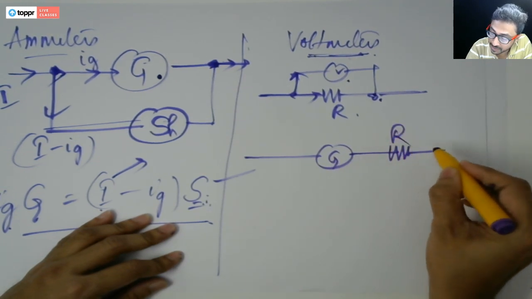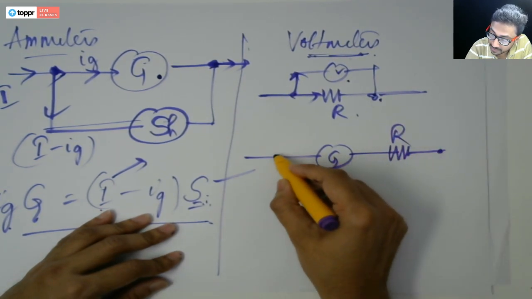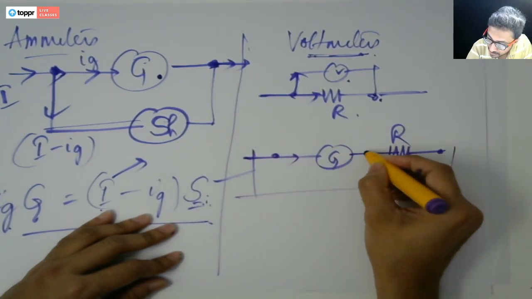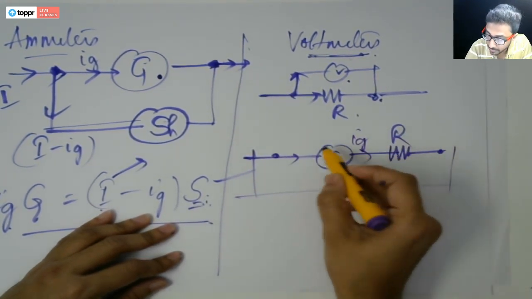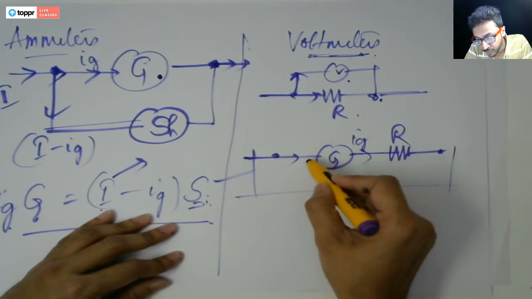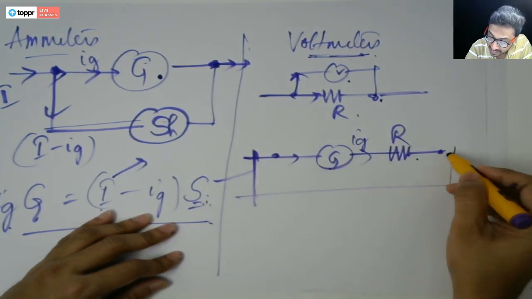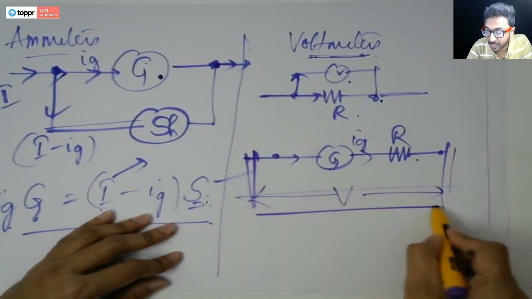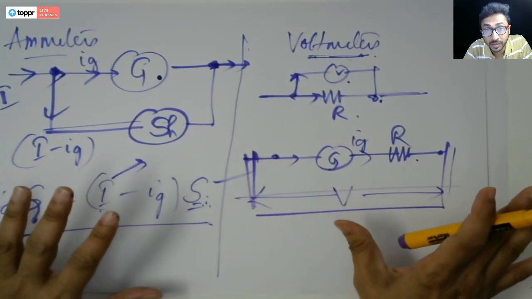So we connect a resistance R in series, such that the current Ig flows through both G and R, and this whole thing measures the voltage that we want.